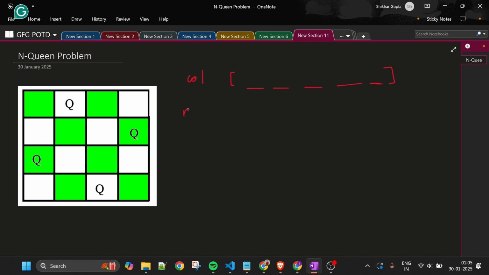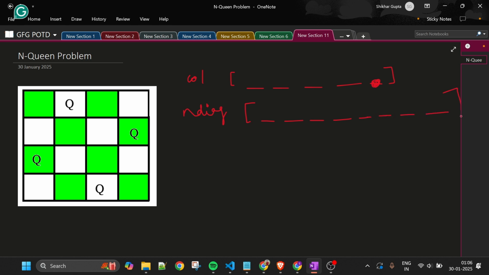Normal diagonal, 4 length. Okay. 0, 1, 2, 3, 4, 5, 6, 7.